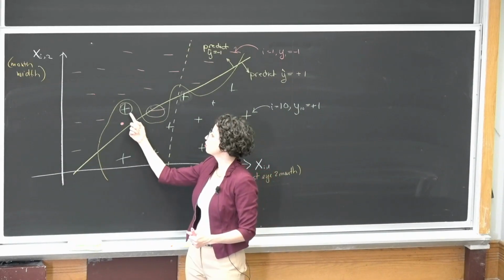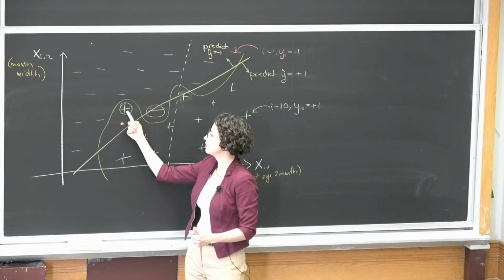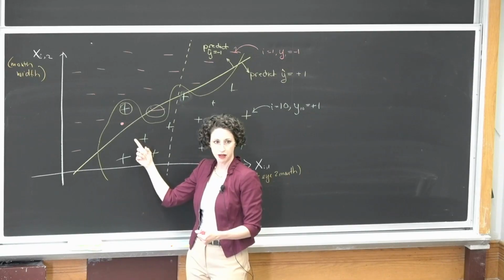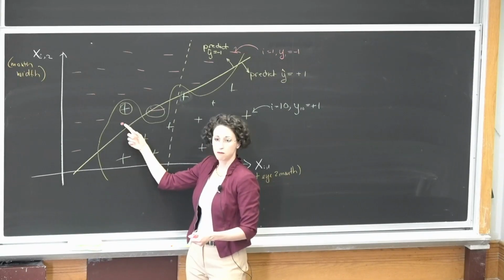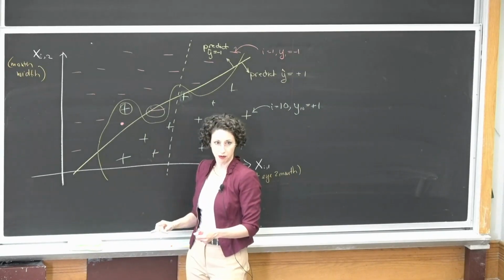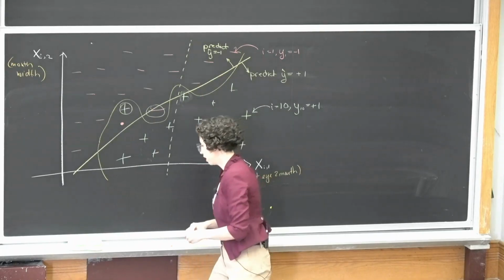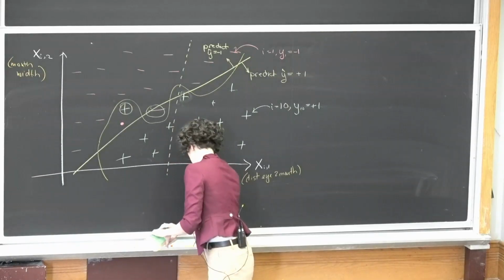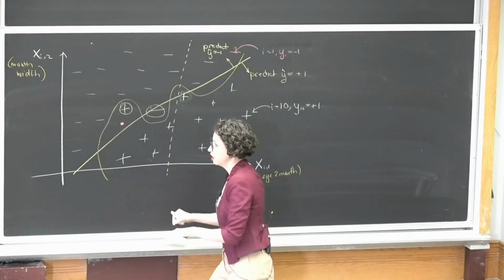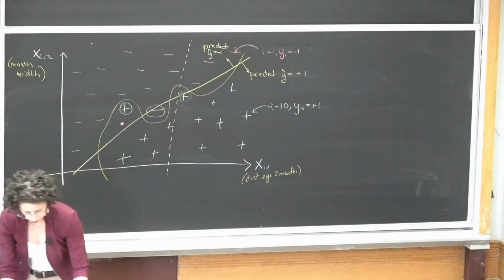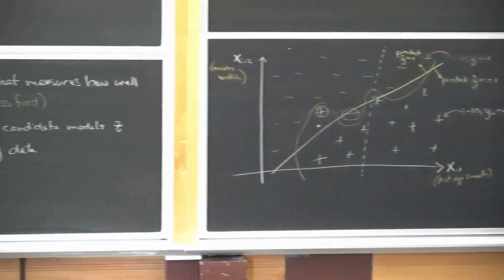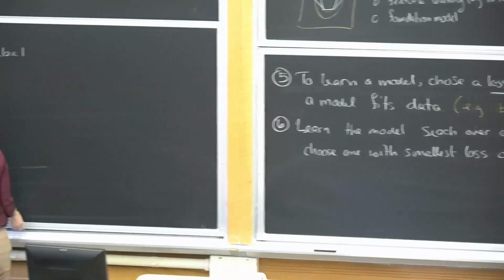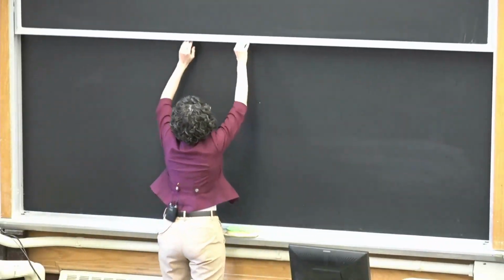But because you were so carefully attuned to this one positive sample here and overfit to it, you're no longer able to make as good predictions on new samples. We're going to talk more about how to prevent overfitting later in the course. But before we get to that, I want to highlight the final key element that we will be considering here.